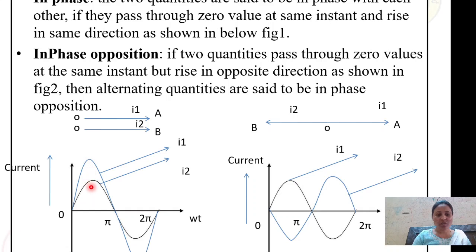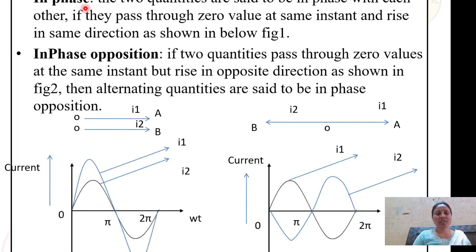At this instant, both I1 and I2 achieve their maximum value, and further they both decrease and reach the 0 value, and again in the other direction they cross at the same interval. Such a nature of two alternating quantities we call in phase.